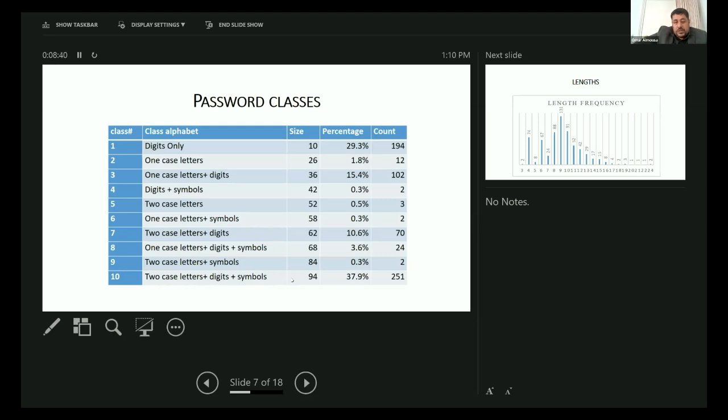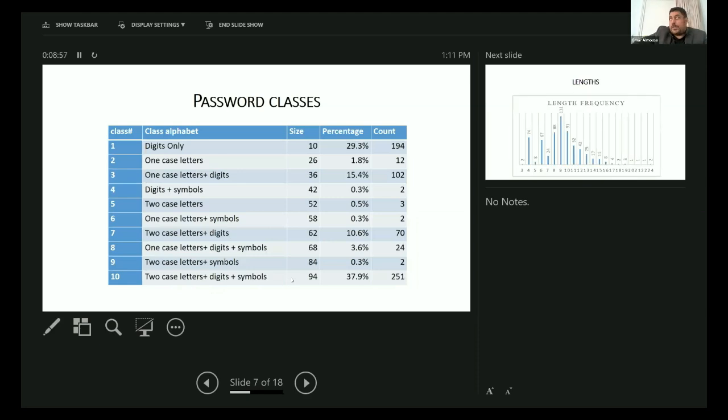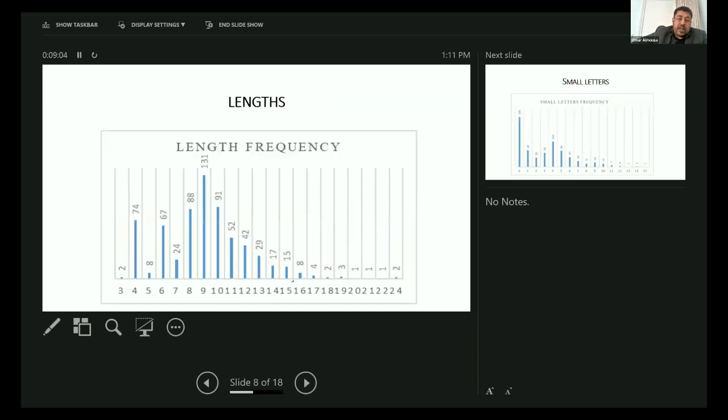And yeah, those percentage was almost 40%. Now we move to other distribution of our passwords. So those are basically the classes of passwords according to the alphabet they are originating from. The other classification we have is the passwords according to their lengths, which is a very crucial thing.